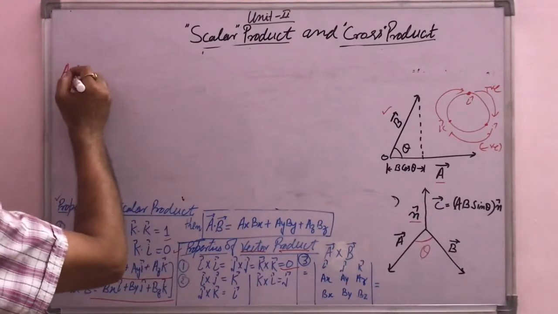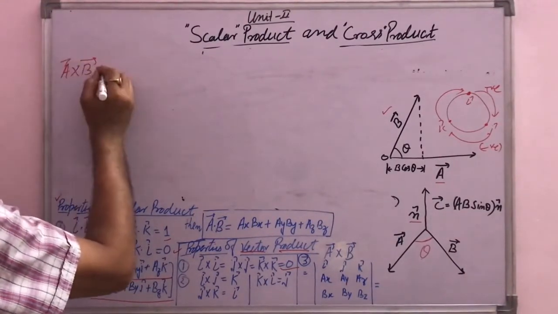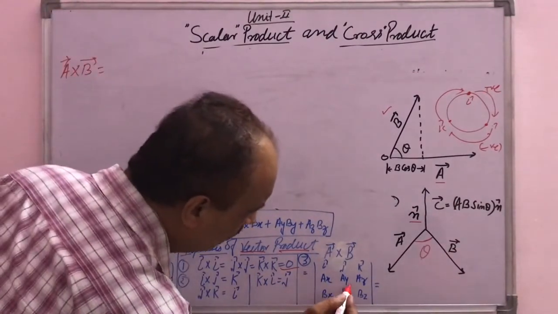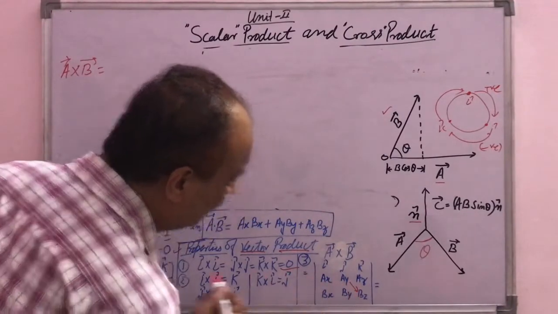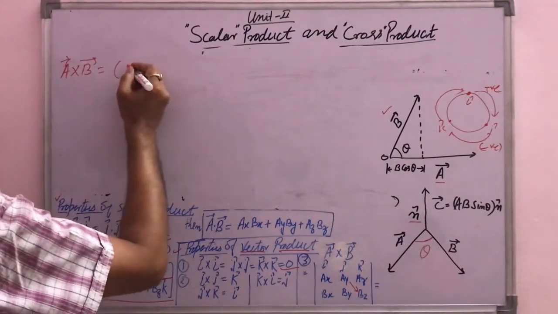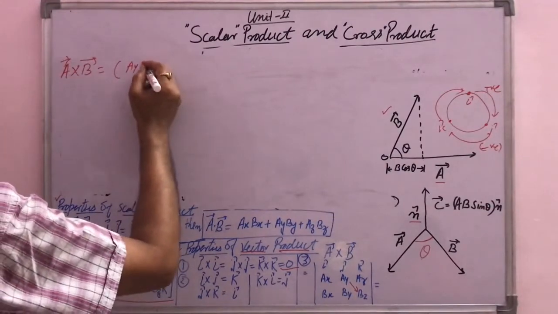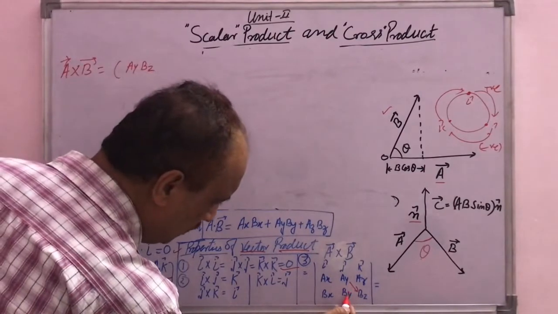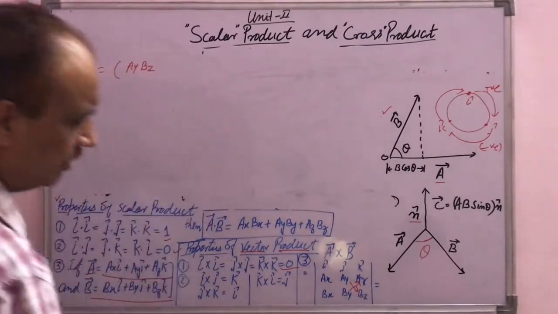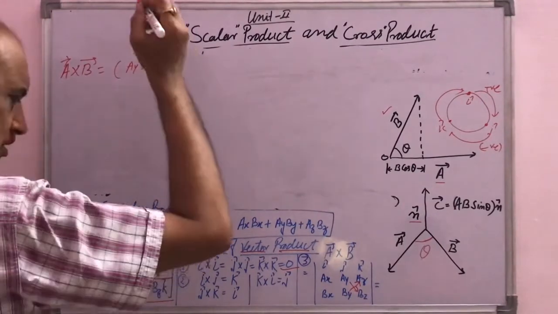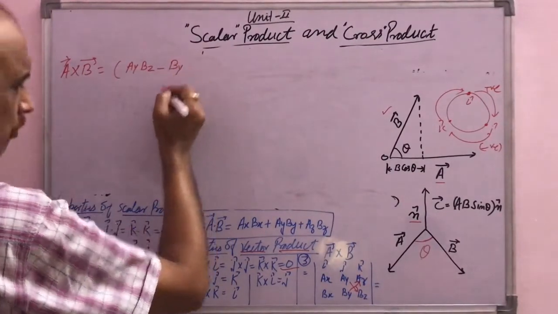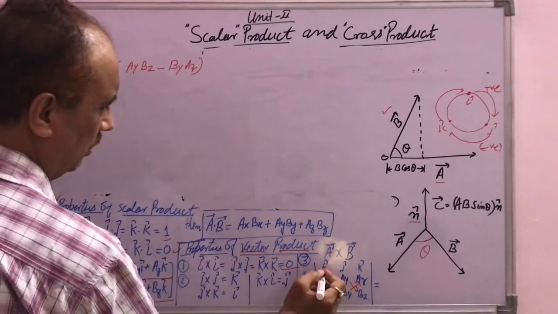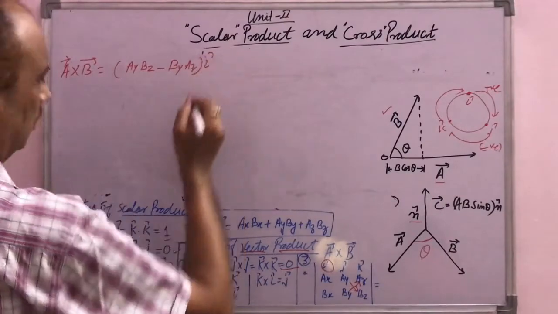So for the cross product A cross B, after this matrix, we have to multiply like this. In the first bracket we write AY BZ, then minus BY AZ, multiplied by the i unit vector.